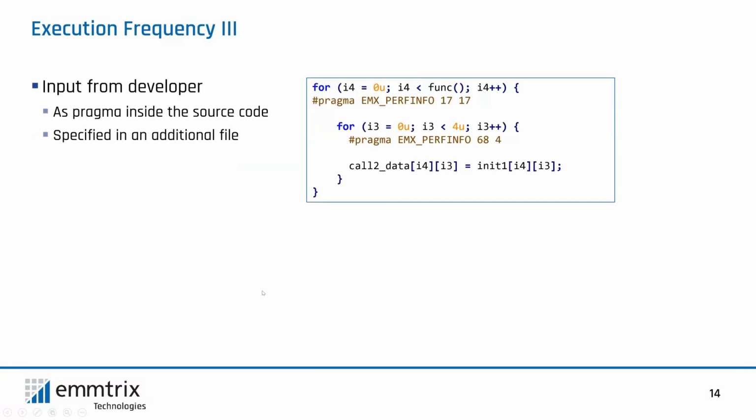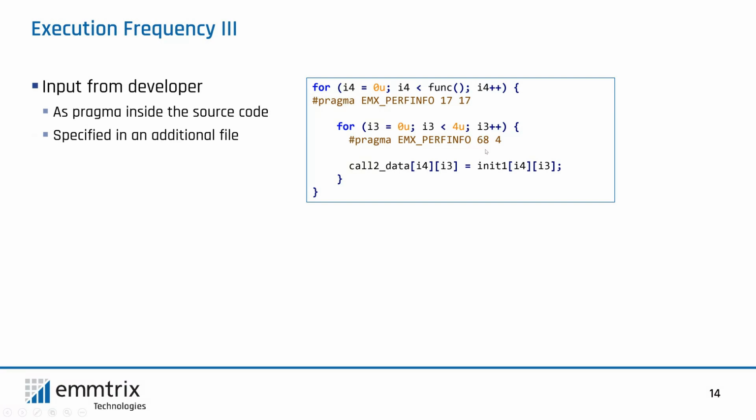So this input from a developer, in our tool, we have several ways to do that. One would be to add these kinds of pragmas into the actual source code. They basically define the absolute and the relative number of executions. In this simple example, for the inner loop, we know that it's executed 4 times, so this body.